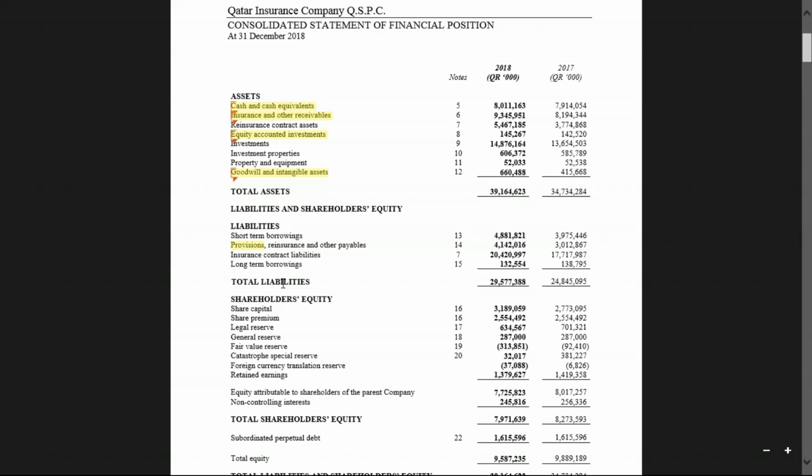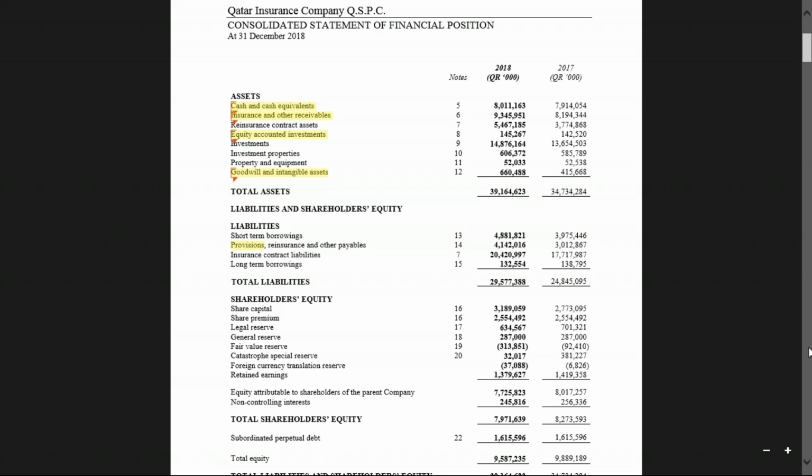Equity is part of fair value profit and loss, and since it's capital and a part of liability, it does not enter into this particular assessment, right?